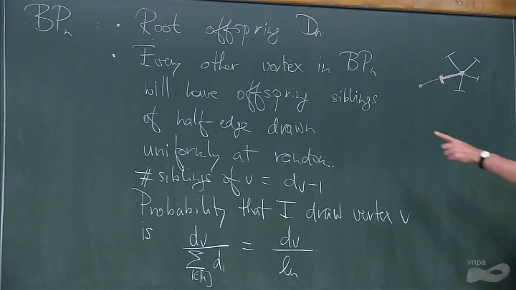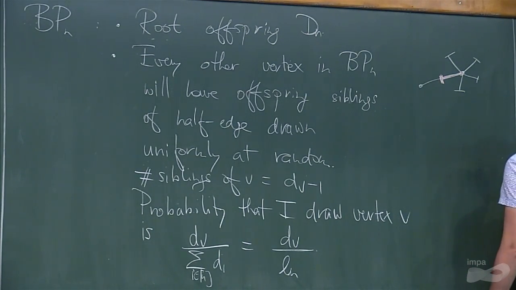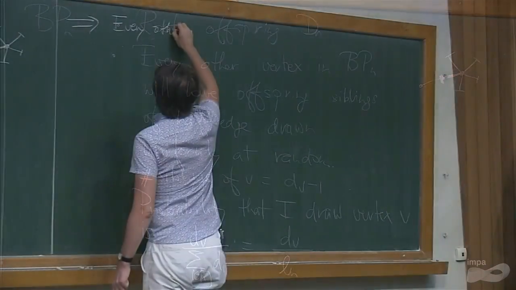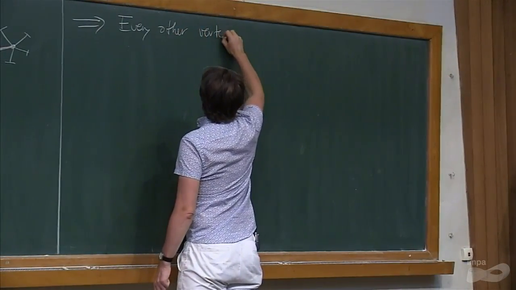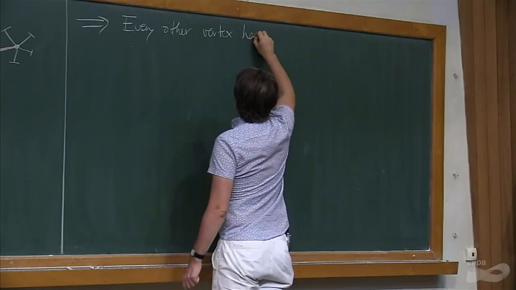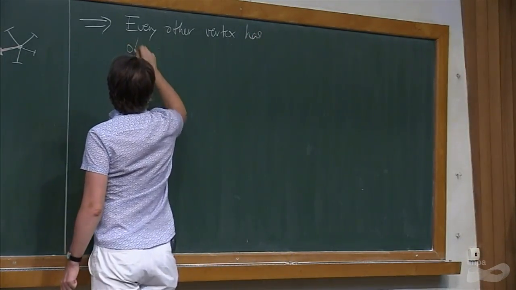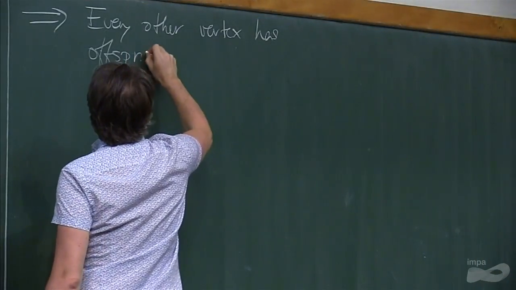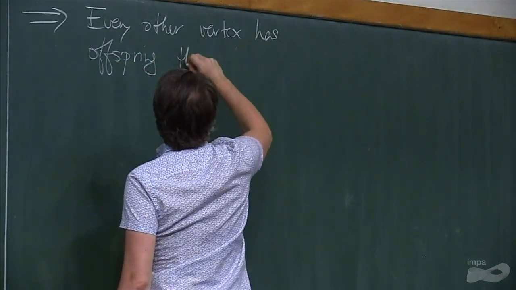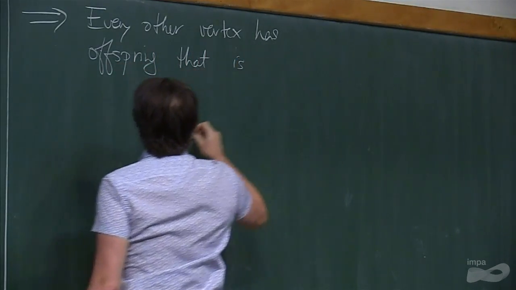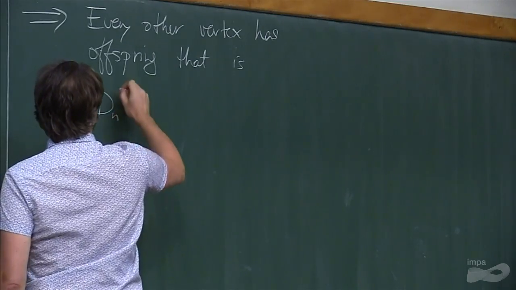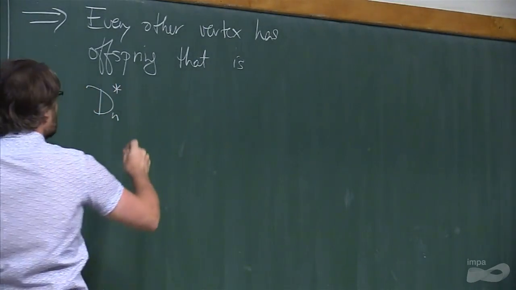And that actually means that every other vertex has an offspring that is the size bias distribution of d minus 1.